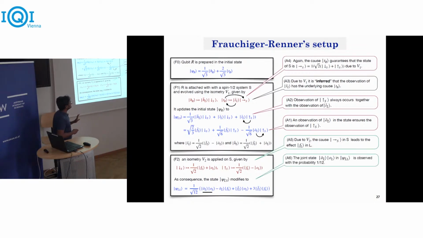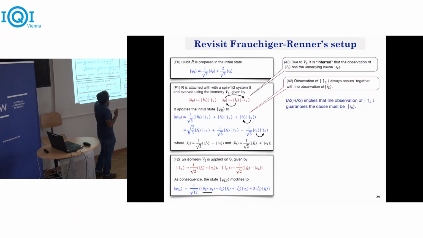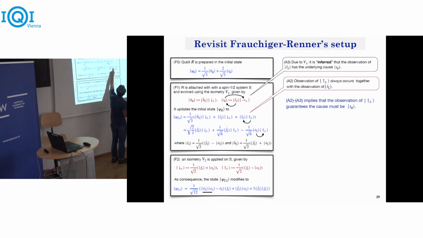The interesting point here is that all these arguments that Renner and Frauchiger made are based on the classical Bayes theorem. That means whenever you say that I observe this, that implies I observe this one, and whenever I observe this, it implies this one. It's a classical statement, classical Bayesian-based inference that you actually make.